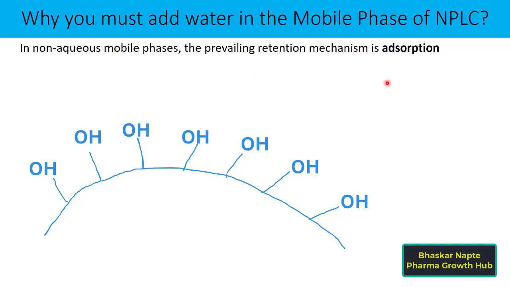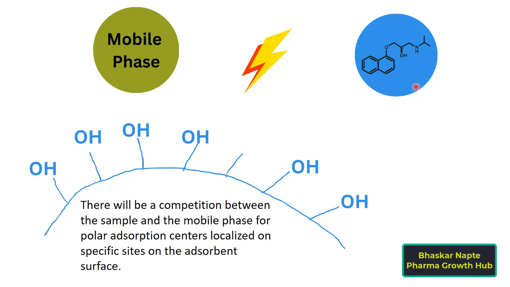It is going to be more or less adsorption. So based on adsorption, the retention of your compound is going to get governed. So which compounds are going to get adsorbed onto the stationary phase? There will be a competition between the sample and the mobile phase for polar adsorption centers localized on specific sites on the adsorption surface.